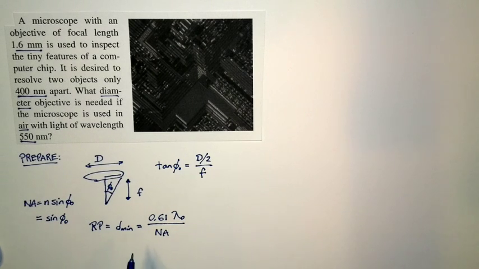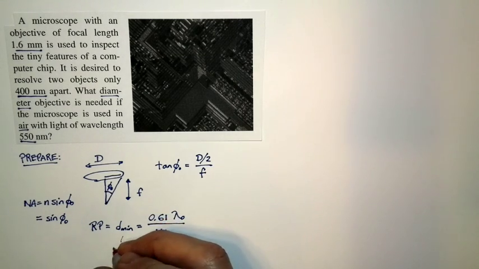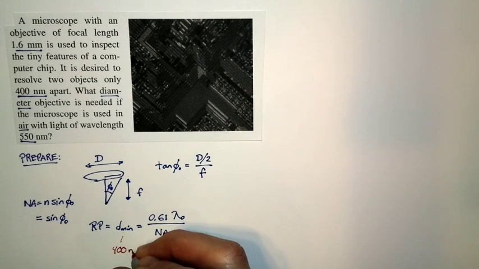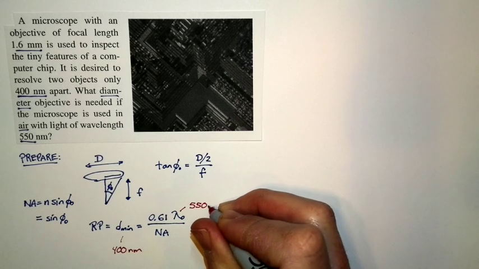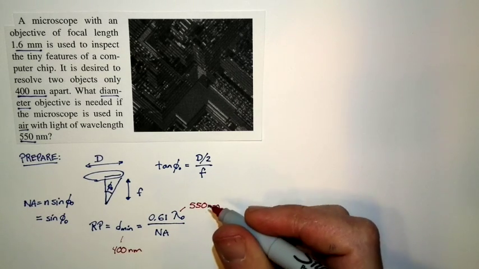Whew. So let's take a look at where we're at. We know d min, okay? We know the size of the object that has to be resolved, okay? We know this is 400 nanometers. We know the wavelength of light, that's 550 nanometers, okay?